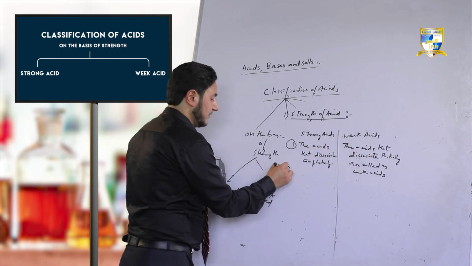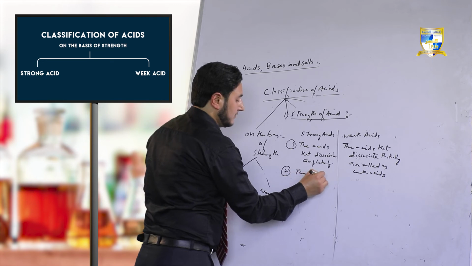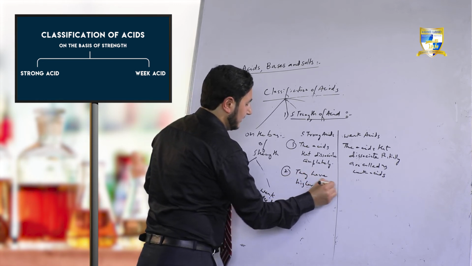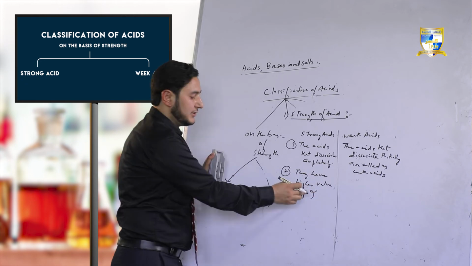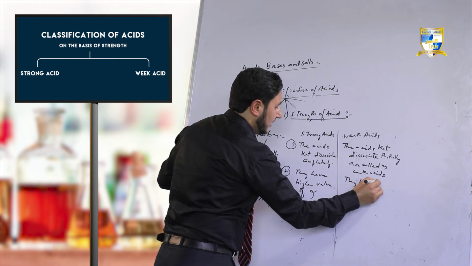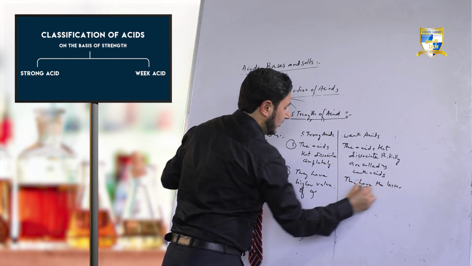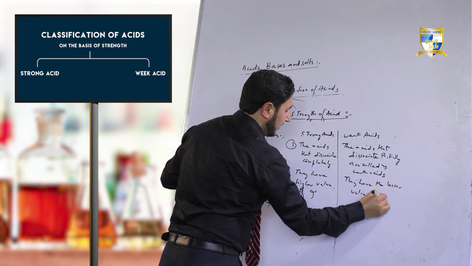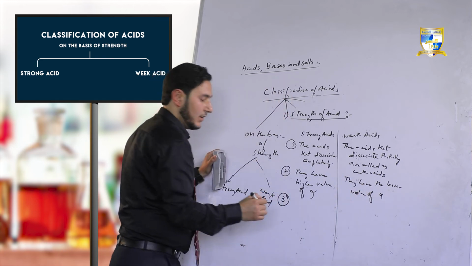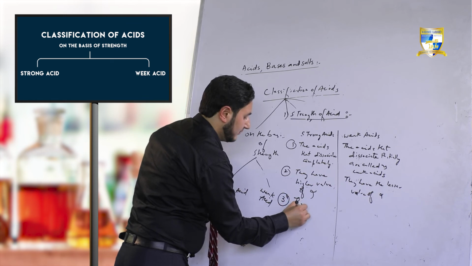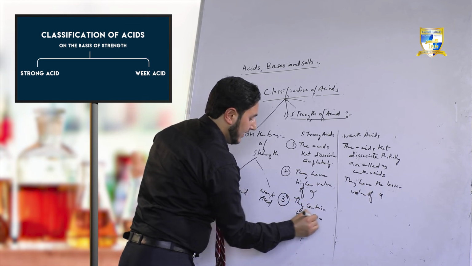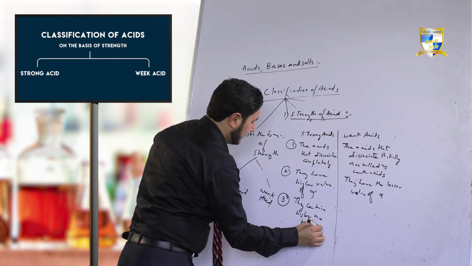Point number 2, strong acids have a higher value of alpha, that is the degree of dissociation or degree of ionization. Weak acids have the lesser value of alpha. Third point, strong acids contain a higher number of H3O positive ions.